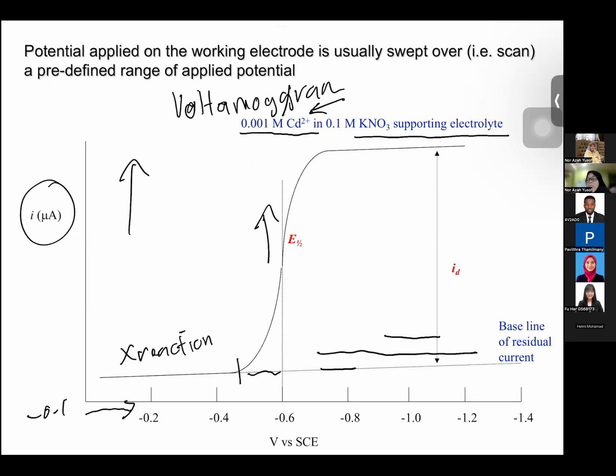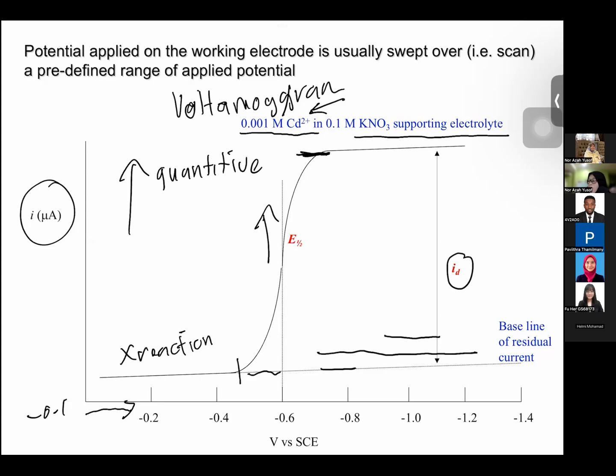So the current will determine the quantitative. How much current is generated will give an impression of how high the concentration of the species that we are measuring. So now, if you look here, it is sort of saturated.